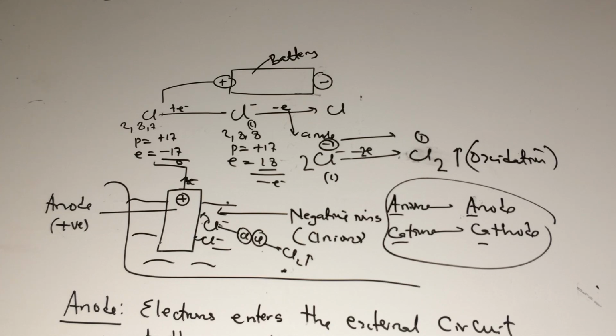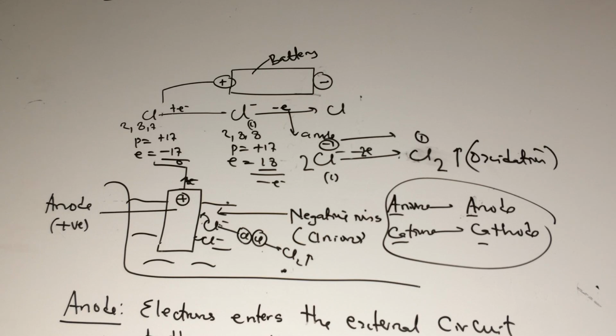Don't forget, the electric current causes a chemical reaction that breaks up the ionic compound. Very important. Once it's broken up, you see, the chloride ion is now free. It's now neutral.